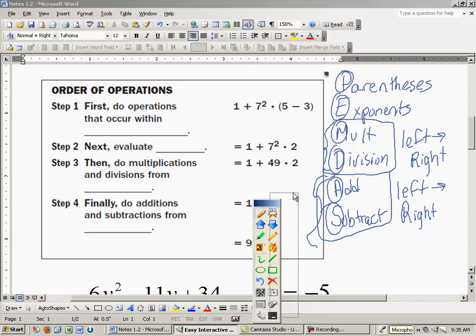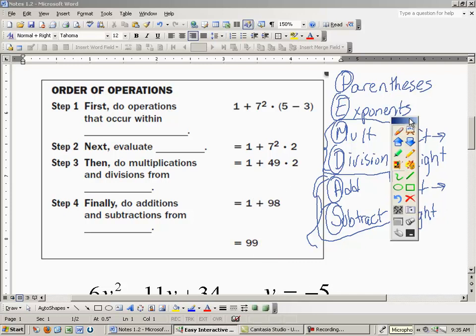So taking a look at our example here then, we first do the operations that occur within our parentheses. So we're going to do our 5 minus 3, and we simplify 5 take away 3 as 2.